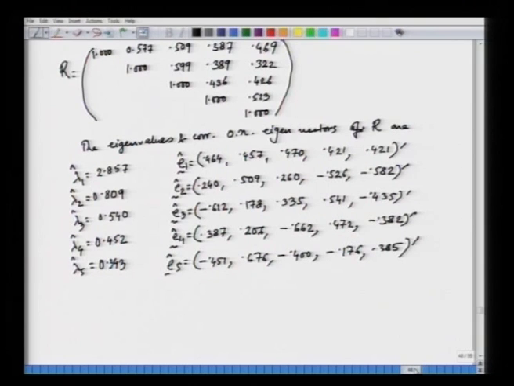So, I have the first principal components using the standardized variables.